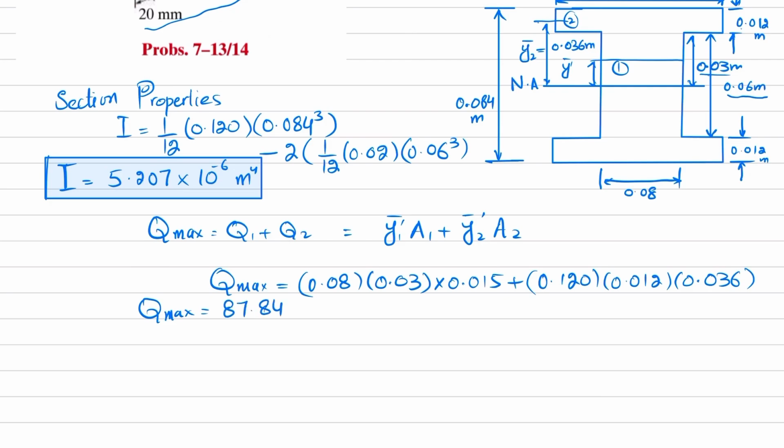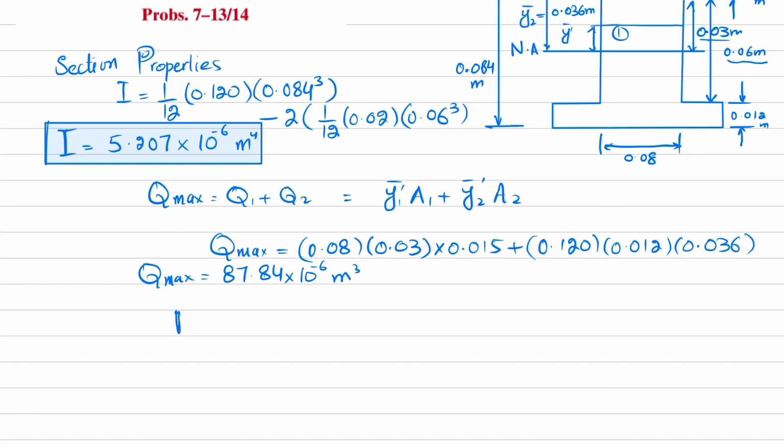When you solve this, you will get Q max equal to 87.84 into 10 raised to the power minus 6 cubic meter. Now you can find the maximum shear stress. Maximum shear stress is equal to V into Q max divided by I into T. V is given as 20 kilonewton, so 20 into 10 raised to the power 3.